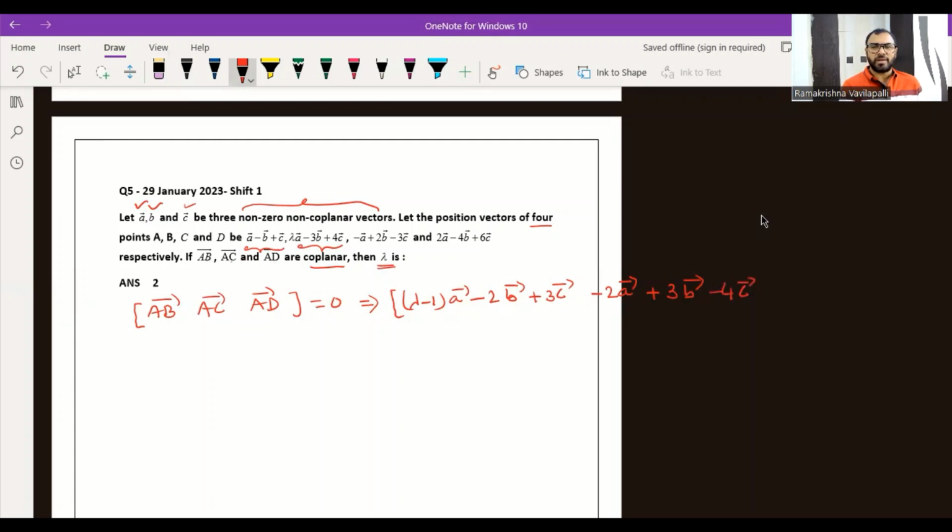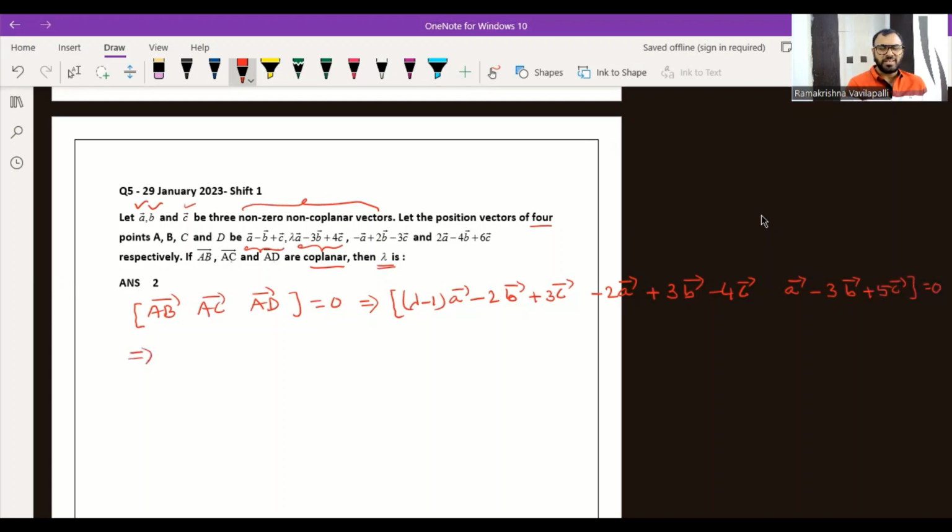Next, what is the AD bar vector? 2A minus A bar, minus 4B plus B, minus 3B bar vector, and 6C bar minus C bar, plus 5C bar vector. This box equal to 0.